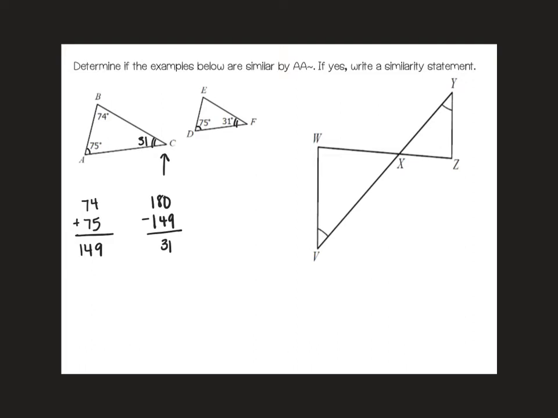Since I have 2 angles that are congruent, yes, these are similar by angle-angle similarity. And a similarity statement I could write would be triangle ABC. And if you follow the pattern, so A, B, C, we want to do the same thing, so it would be D, E, F.